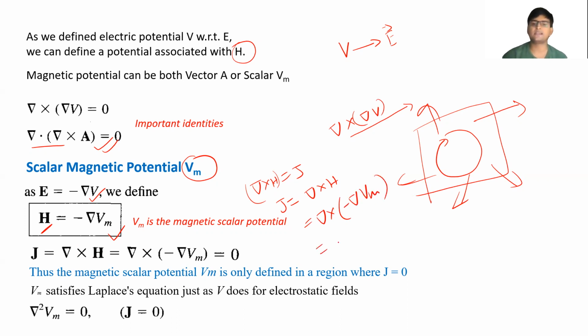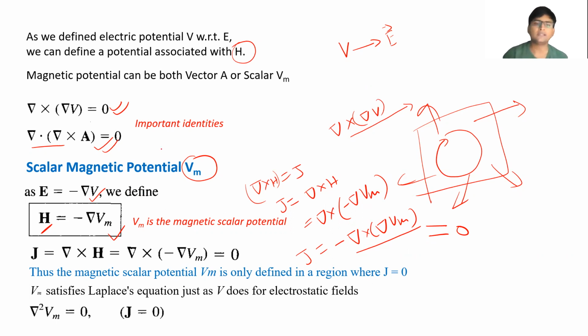You can take this minus sign out, so you will get minus del cross del Vm. Isn't this identity similar to the first identity, del cross del V? It is similar. So it is always going to be 0 because curl of gradient of any scalar quantity is always going to be 0.